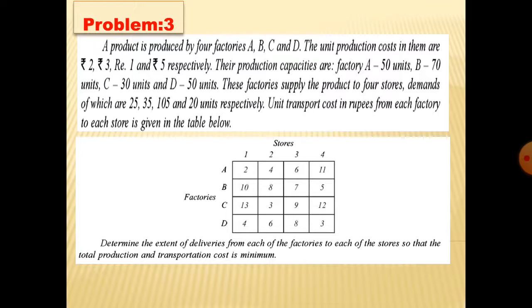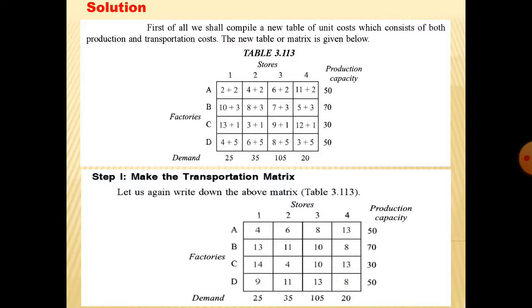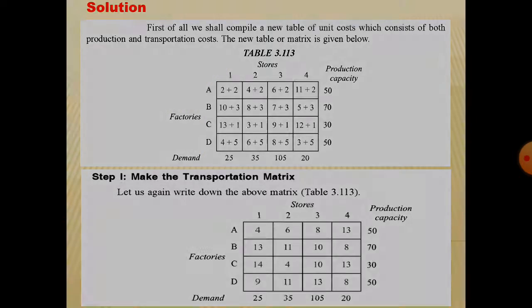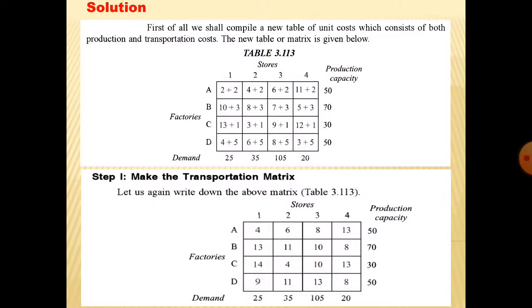Okay, we prepare the manufacturing cost matrix: 2, 2, 2, 2, next 3, 3, 3, 3, next 1, 1, 1, 1, next 5, 5, 5, 5. We have to add all the production costs.